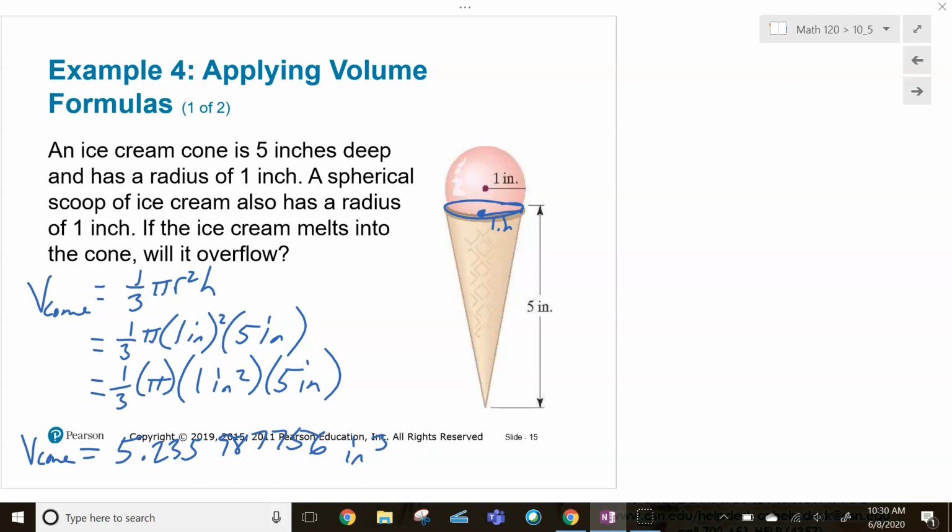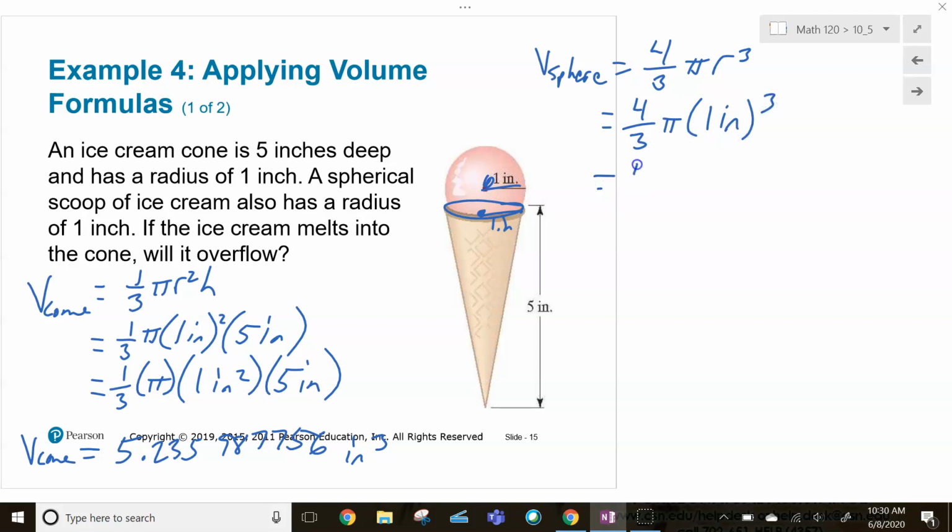All right, how much ice cream do we have? So the volume of the sphere. How much ice cream do I have? So now we got 4/3 pi r cubed. 4/3 pi, our radius of this ball is 1 inch. So 1 times 1 times 1.